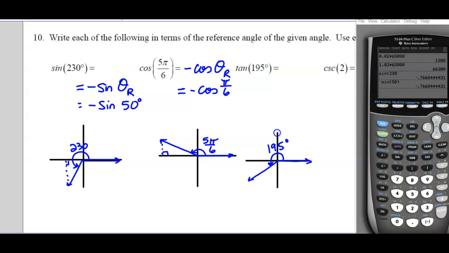Positive. Because tan is y over x, so they're both negative. A negative divided by a negative is positive. So this is just equal to tan of the reference angle. And in this case, the reference angle, 195 minus 180, is 15 degrees.